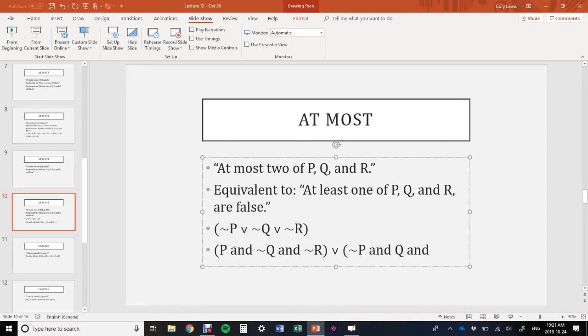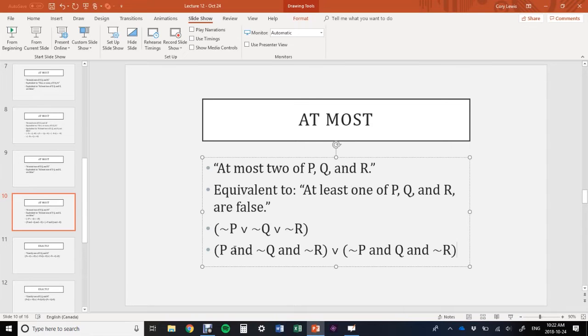You get a very long string, but you could do it this way. There are 4 possible cases of assigning truth values here. You could just explicitly lay out each and every case, but it's quicker and easier if you notice the equivalence between at most 2 and at least 1 is false.